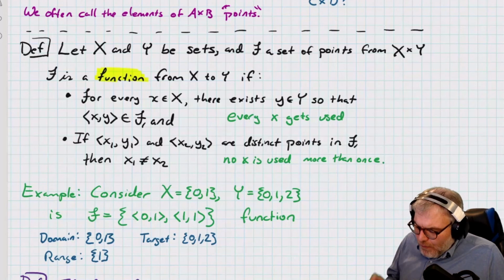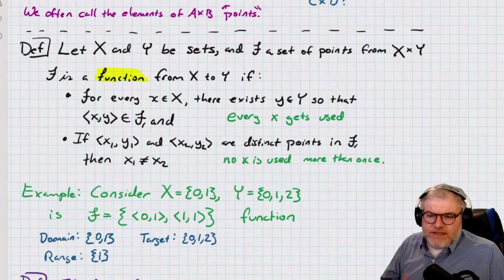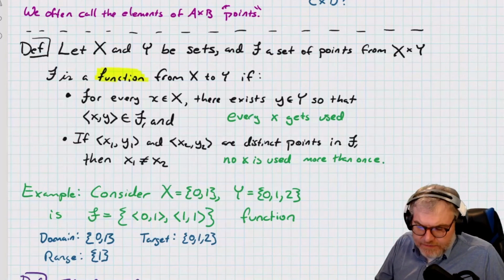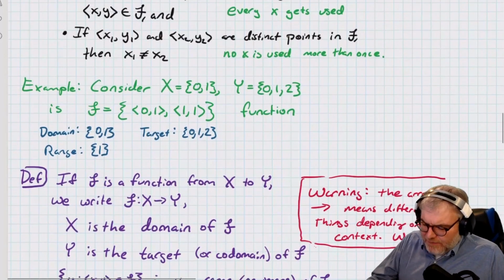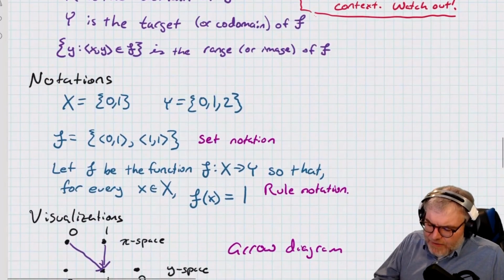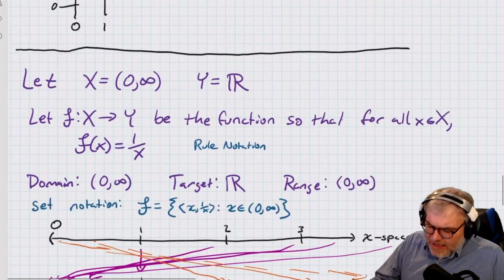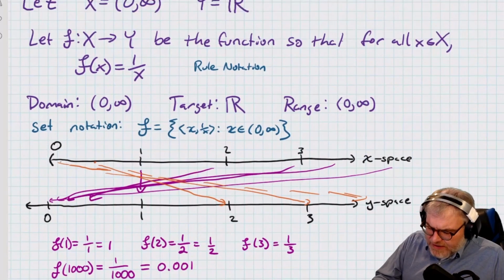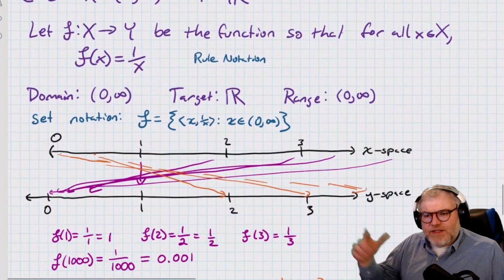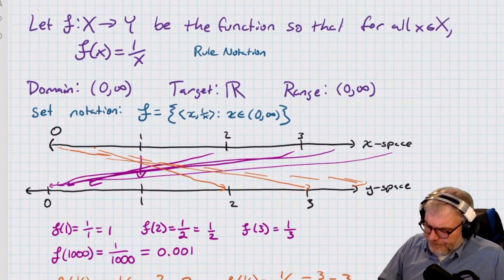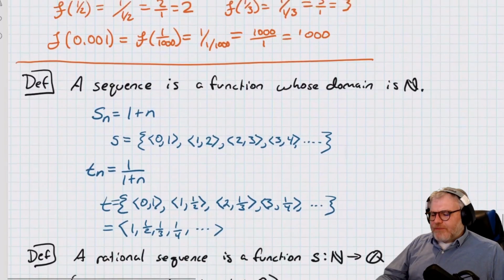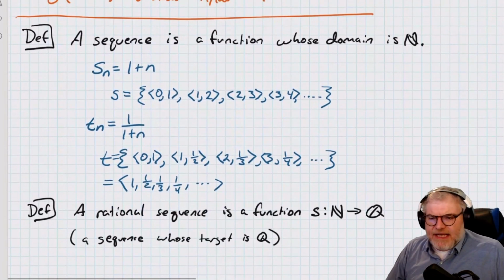Okay, it's a set of points where every x gets used and no x is used more than once. And we did a couple of examples. And then we did these visualizations. We've got arrow diagrams and we've got graphs. And again, we did the arrow diagram for this one. And then we did the graph on the computer. And then we defined what a sequence is, and we're going to pick up there next time.